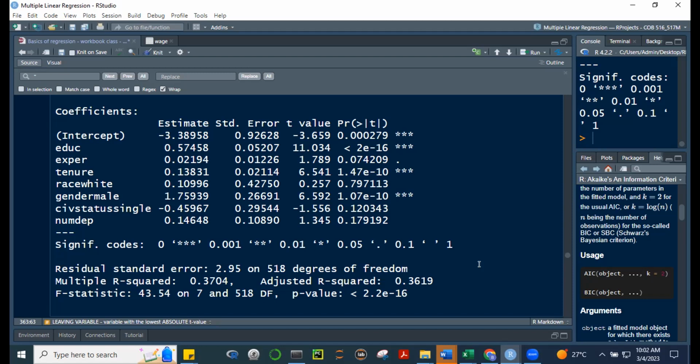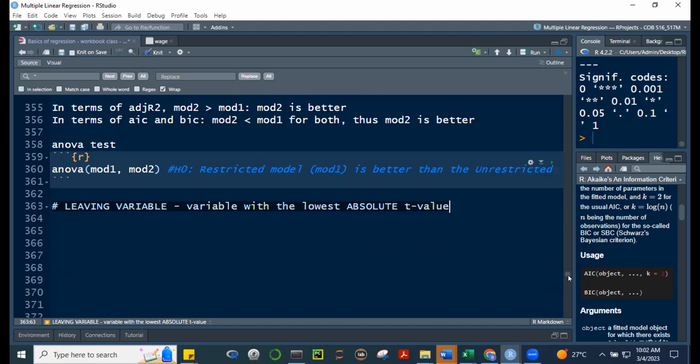So the leaving variable will be race, because it has the lowest absolute t-value. So let's write here, the leaving variable is equal to race. Race is the actual variable, and it shows up as race white because R made it into a dummy variable.